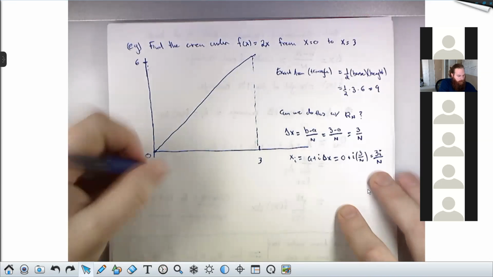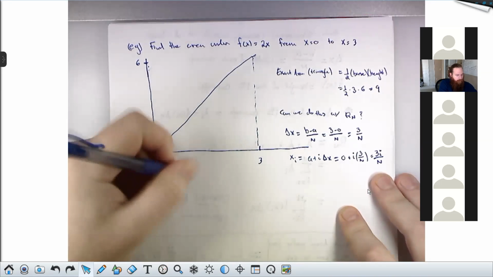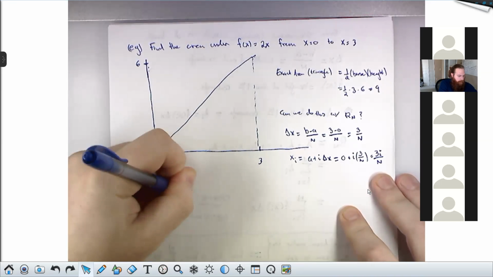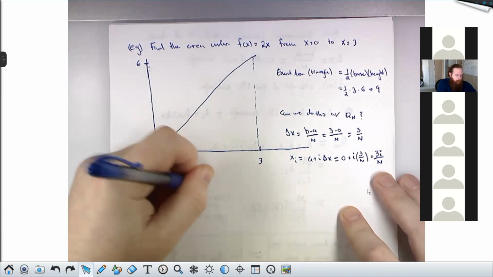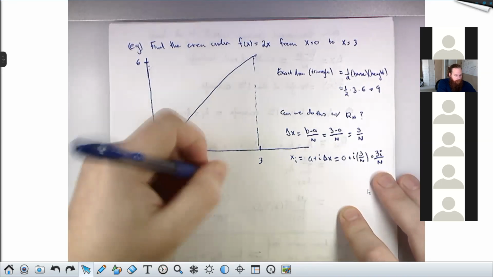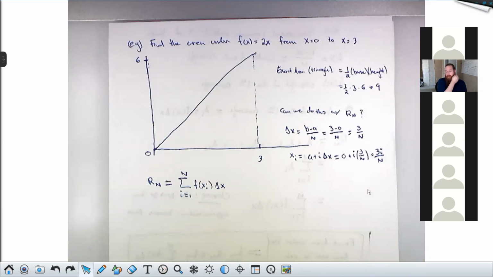So now Rn is the sum from i equals 1 to n of f of xi times delta x. I know what delta x is, so I can plug that in. That's 3 over n.